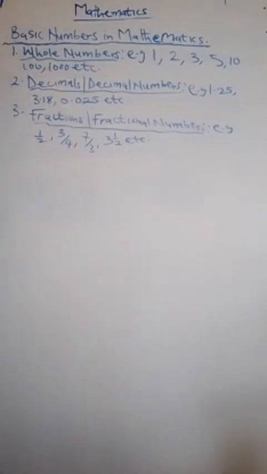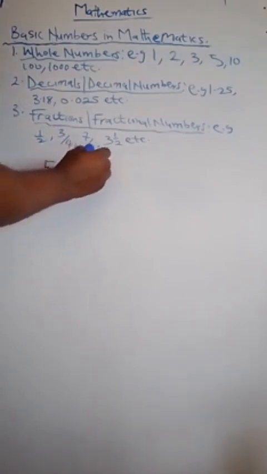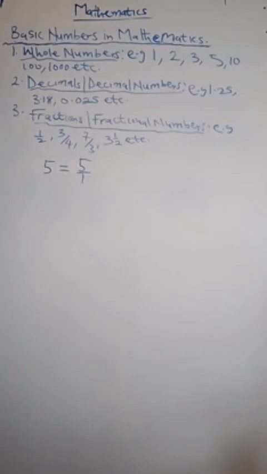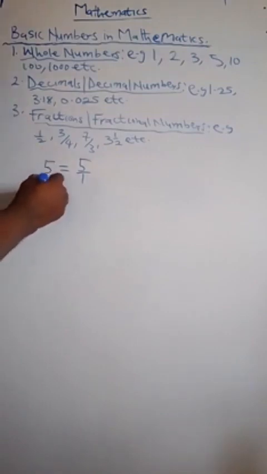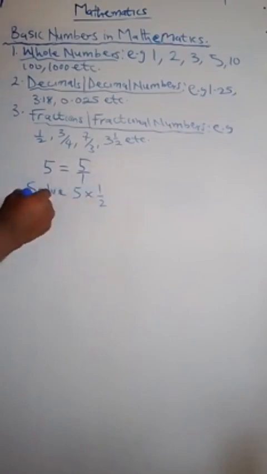Likewise, you can also convert a whole number to a fraction. Let's say I have 5. 5 is the same thing as 5/1. The essence of this is that when you are working with whole number and fraction, this will play a vital role. For example, if I have a question that says solve 5 times 1/2, it will be 5/1 times 1/2.